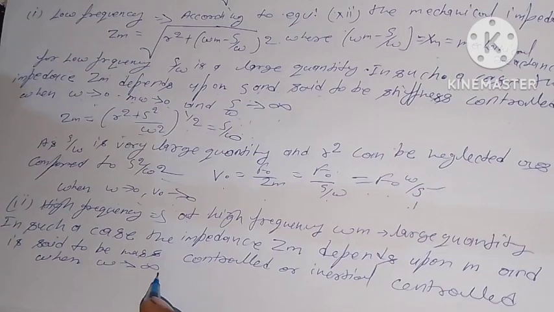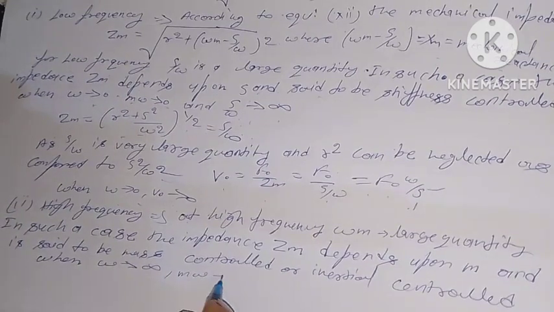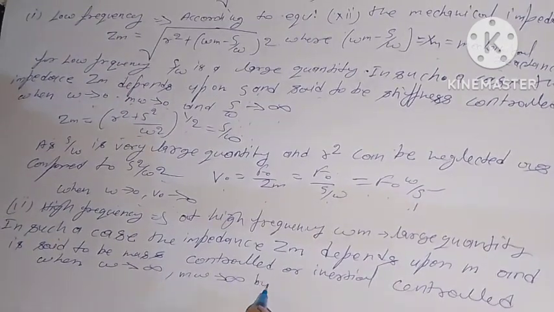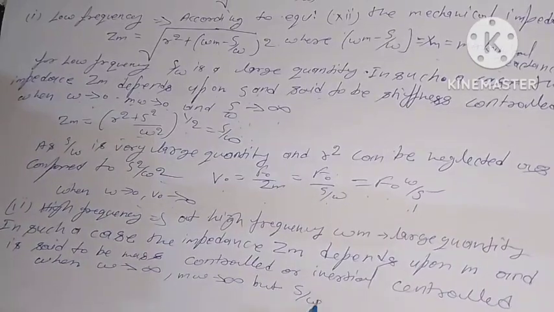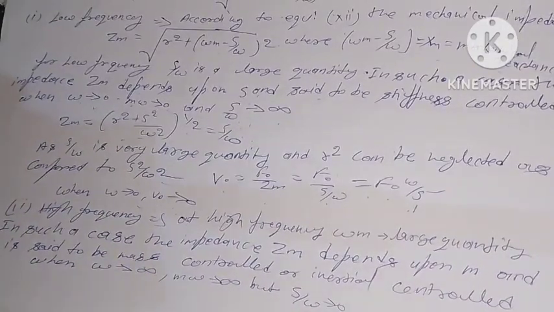When omega tends to infinity, then m omega tends to infinity, but s by omega tends to 0.